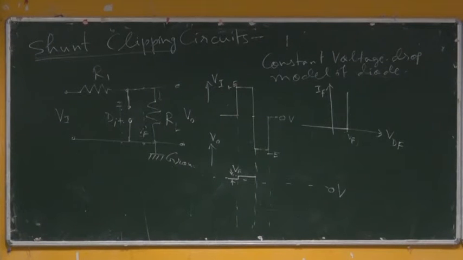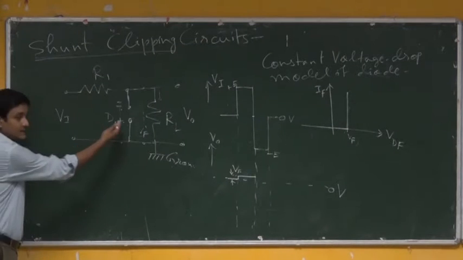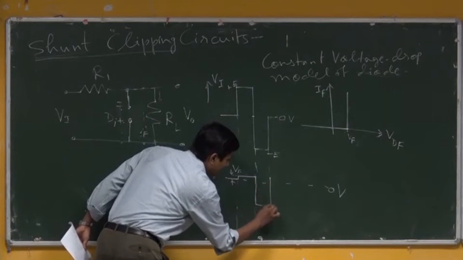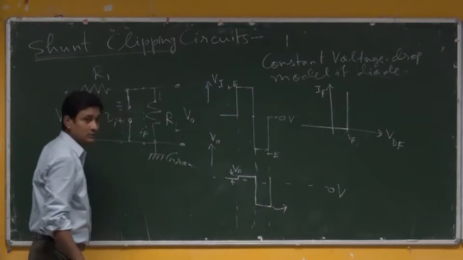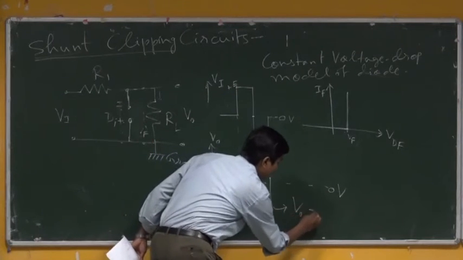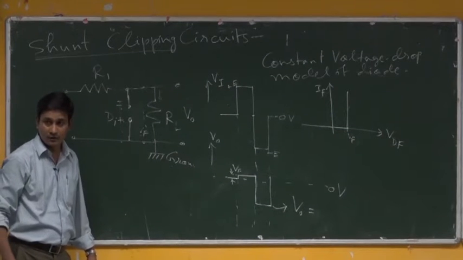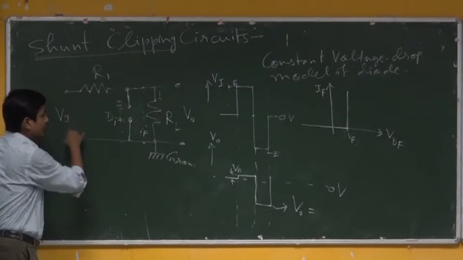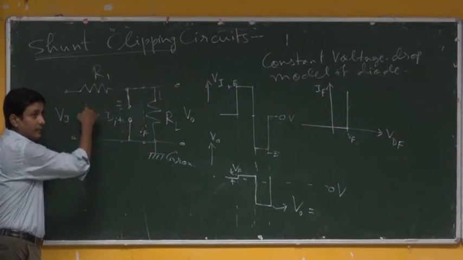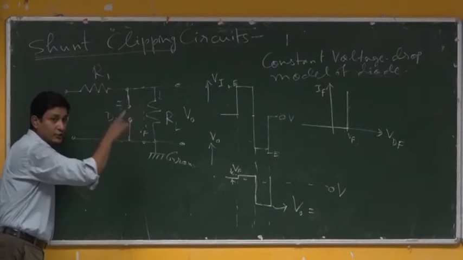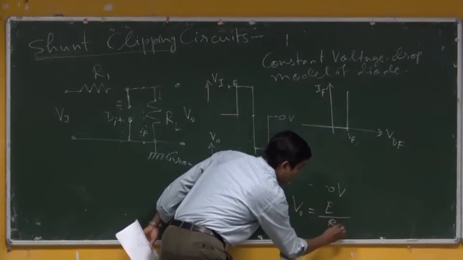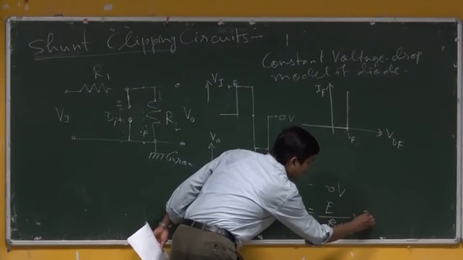If it is so, now what is the output voltage? As if no diode is there. So, the output voltage I get for this part, what should be this amplitude? V0 should be equal to this voltage which is flowing here, current is flowing through this, E by R1 plus RL into RL.